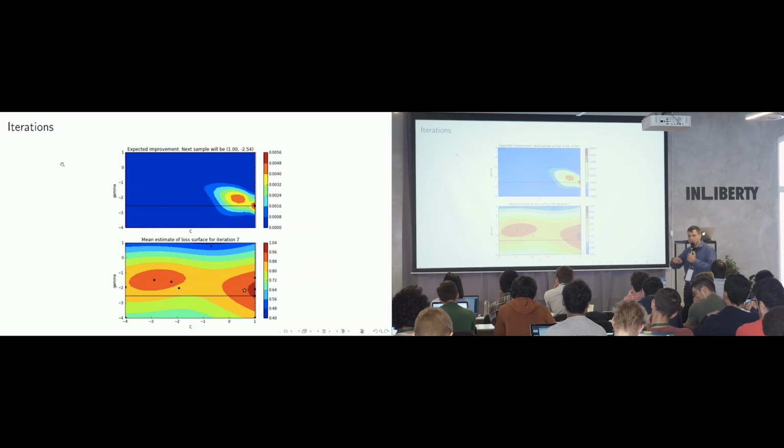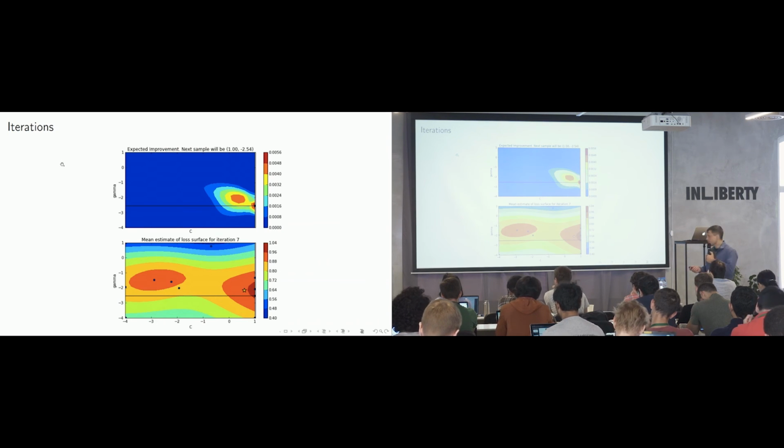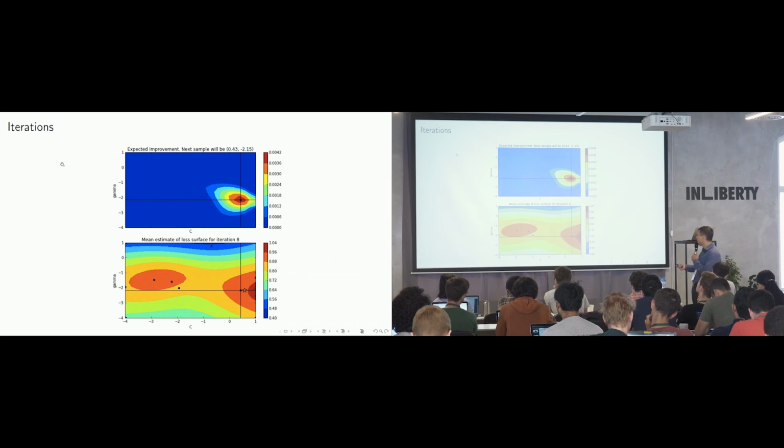And if I continue this process, so if I continue sampling these Gaussian processes and obtaining expected improvement, optimizing expected improvement, and adding points to the sample where the expected improvement is high, then the optimum of that expected improvement will be very close to the actual optimum value of the accuracy under the ROC curve.